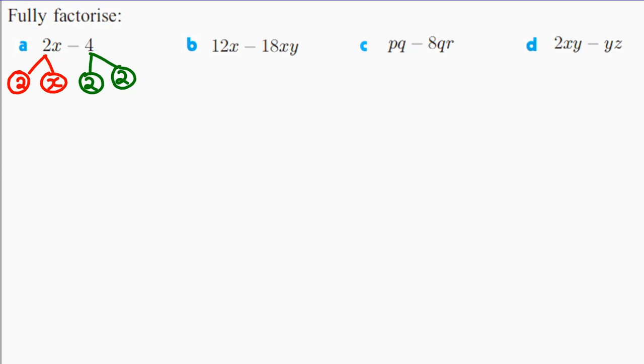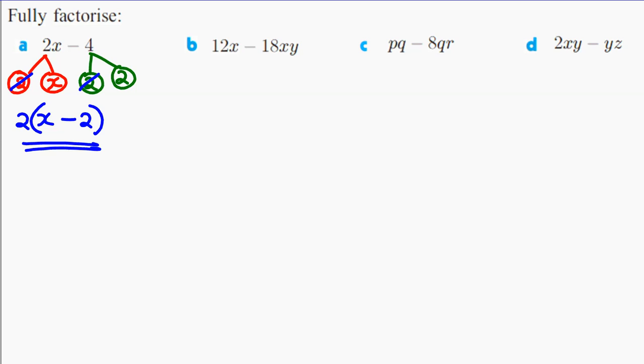The common factor here is 2, so I write 2 outside the bracket. What remains is x on the left, minus 2 on the right. So if the question was factorize 2x minus 4, remember, first step, find the factors, then take out the common factor, and then introduce the brackets.